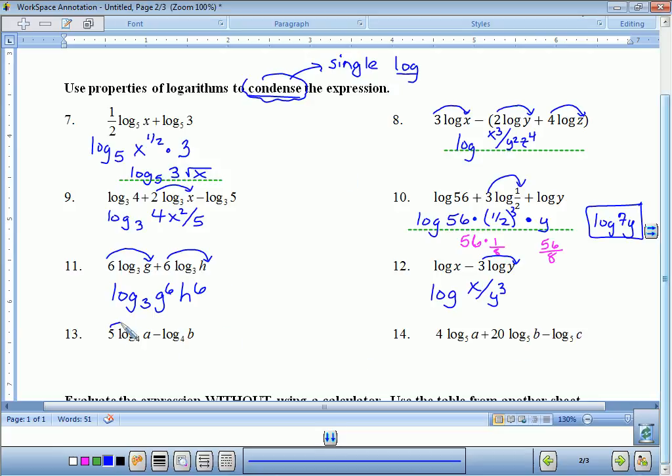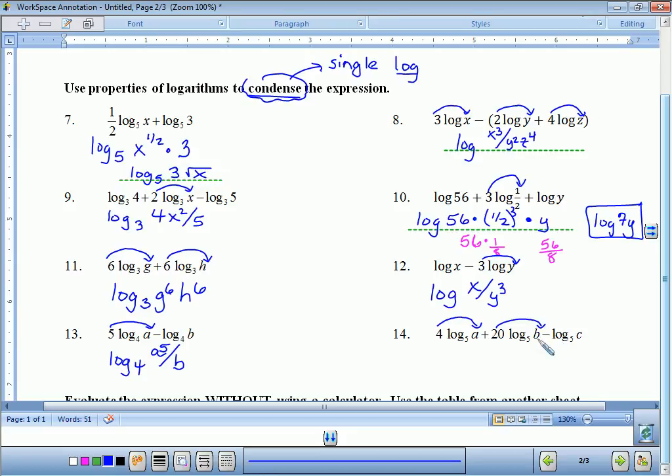Okay. This a is going to end up having an exponent, but the b is not. So this becomes log base 4 of a to the 5th. Subtraction becomes division, divided by b. All right. Exponent, exponent.